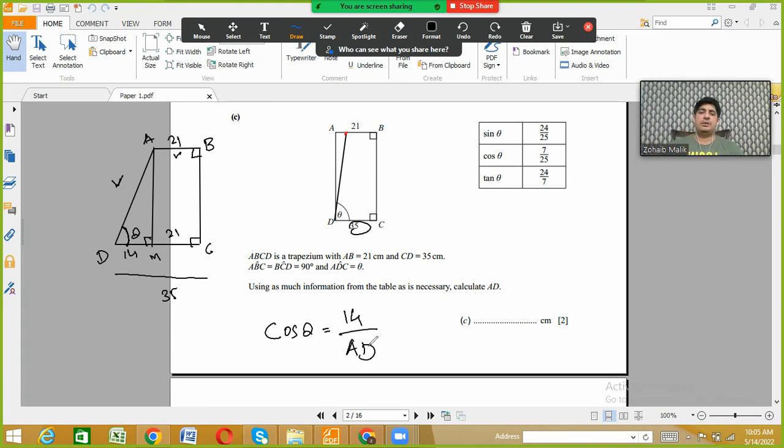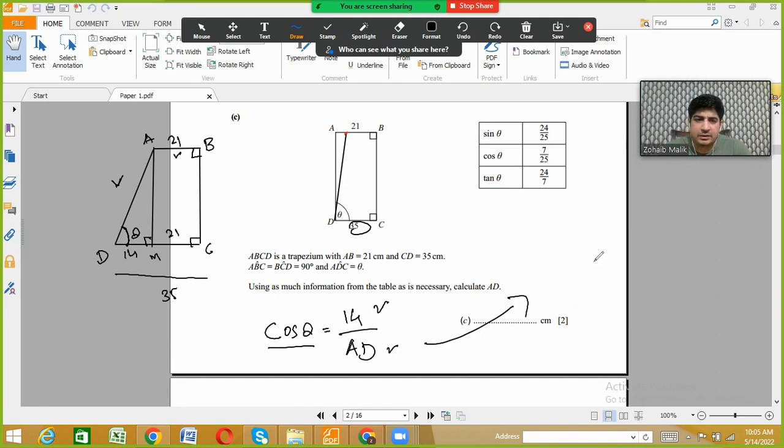Look, wisely I have taken the combination of the sides in this way, so that my required length is involved and the other length is a known numerical value. It was only cos theta with which I can involve a known value and my required unknown value. And the cos theta value is given, that is 7 by 25.